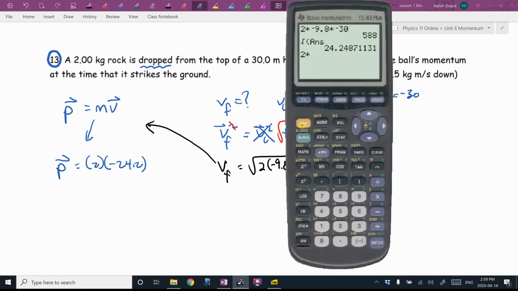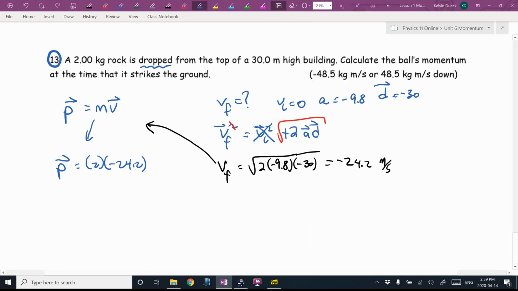So it's going to be 2 times answer button, and I get 48.5. Is that the correct answer? It is. So the magnitude is 48.5 kilogram meters per second. And then you could say as a direction down, or if I use this negative, I would have a negative there. Just don't say negative and down at the same time, because technically I think negative down is actually up.